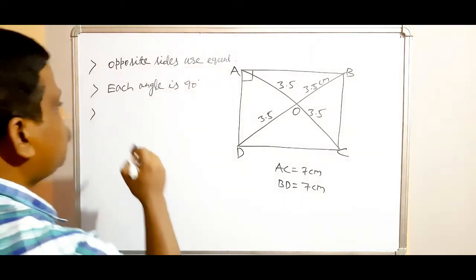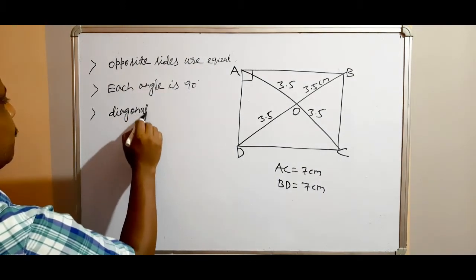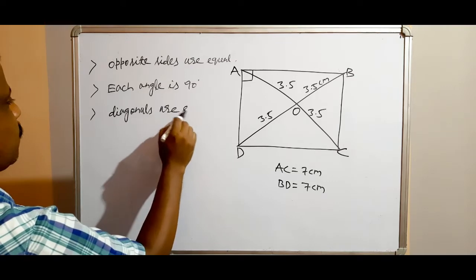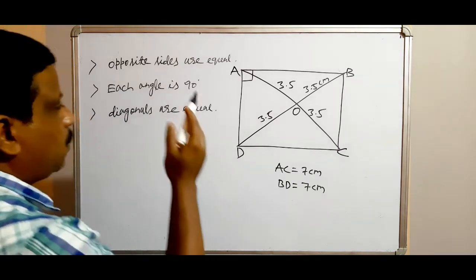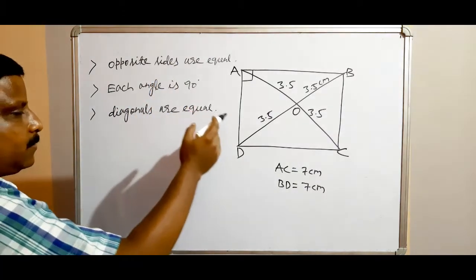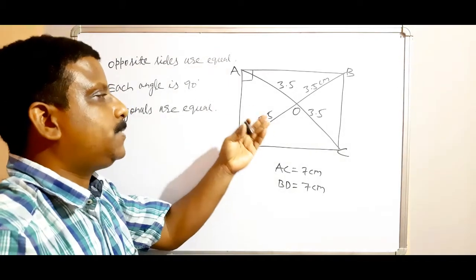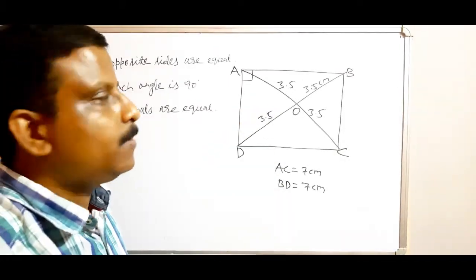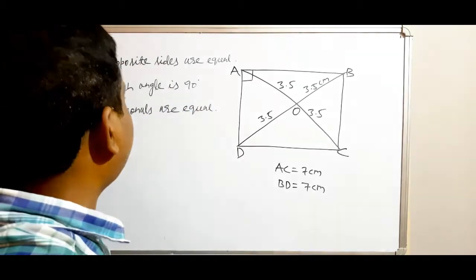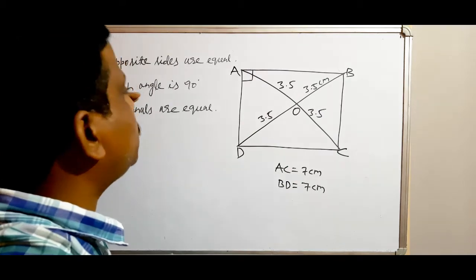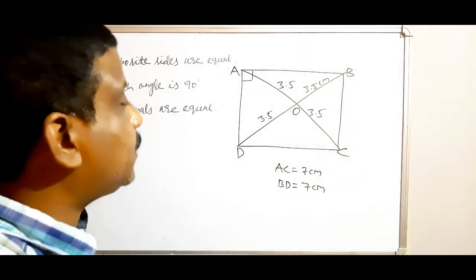Then diagonals are equal. Clear? So these are the extra properties of the rectangle. With that, all the properties of the parallelogram must be satisfied by the rectangle. So a rectangle satisfies all the properties of the parallelogram. With that, these are the unique properties of the rectangle. Understood? So understood about the properties of the rectangle.